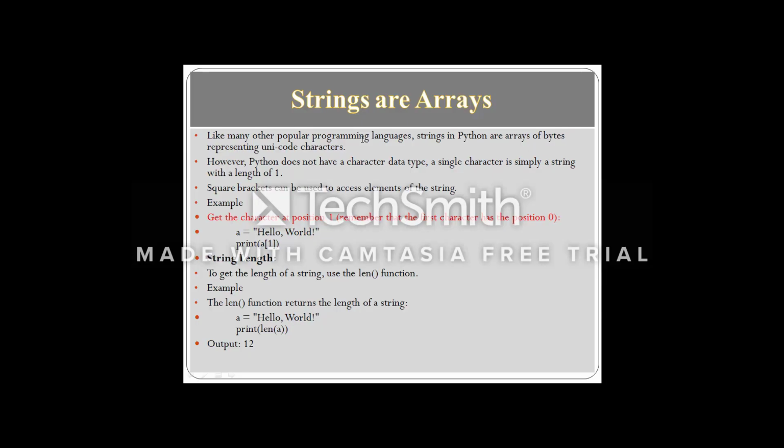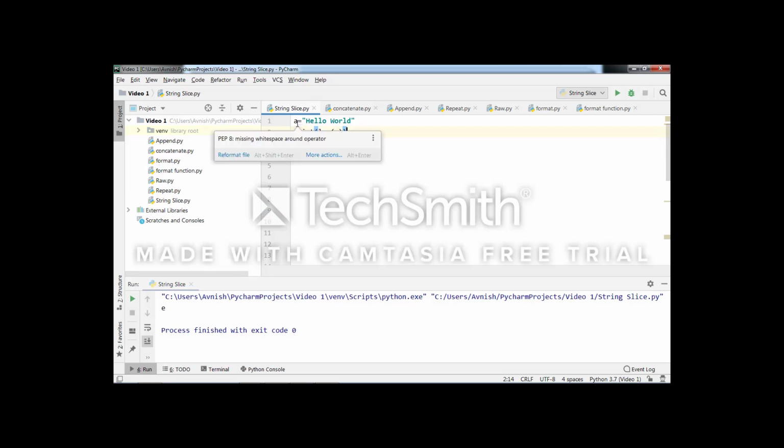Now, how to calculate the string length? To get the length of the string, we generally use the len function. For example, here we will see this example on our console. Here A is a variable, and in that variable we have stored one string, and using the print statement we are accessing the length of that variable.